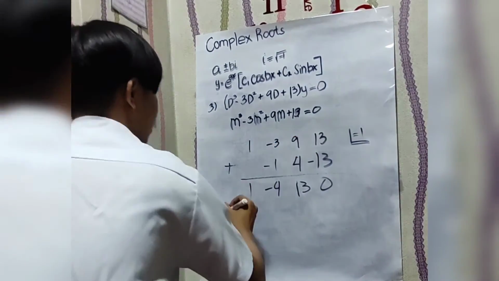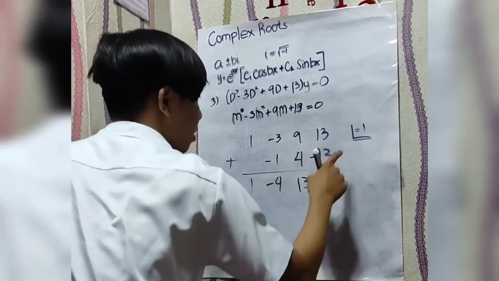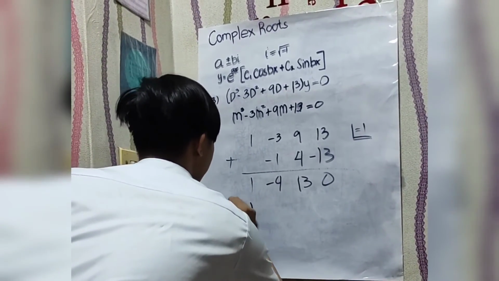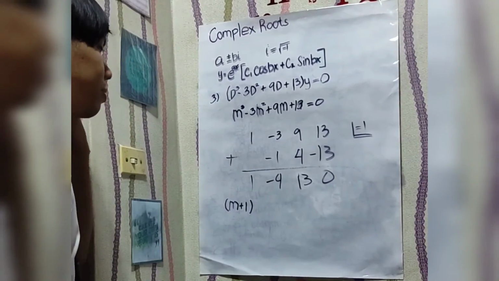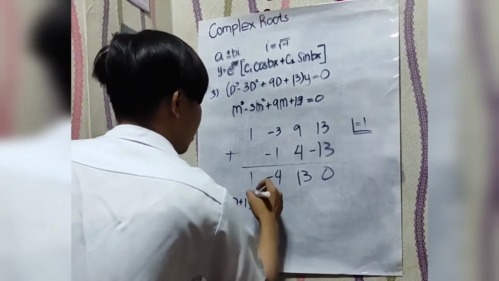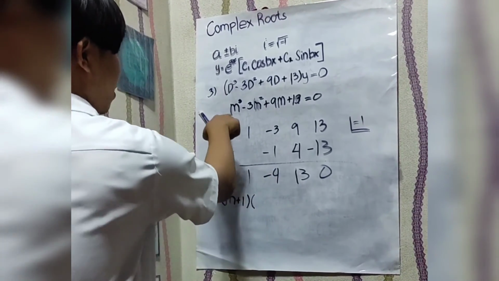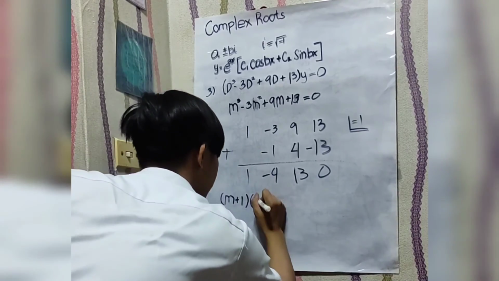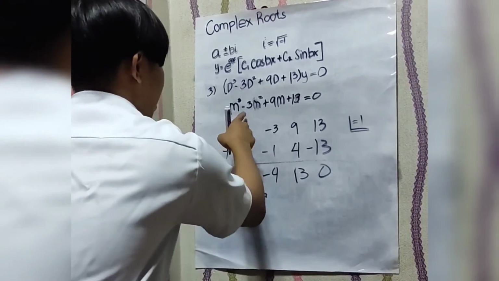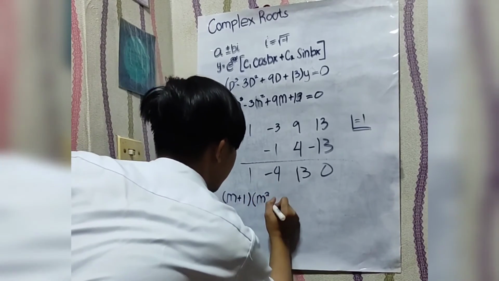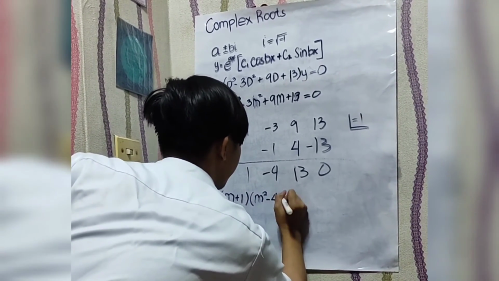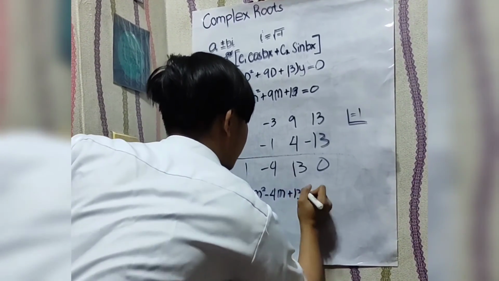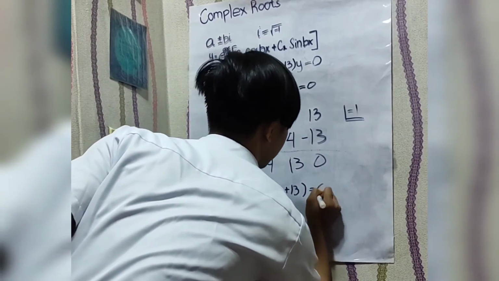Isulat natin siya as m. Yung negative sign niya, gagawin natin positive. Positive 1 times, babawasan lang natin ng isa yung mga coefficient. Okay na yung coefficient 1. Magiging m squared minus 4m plus 13 equals 0.